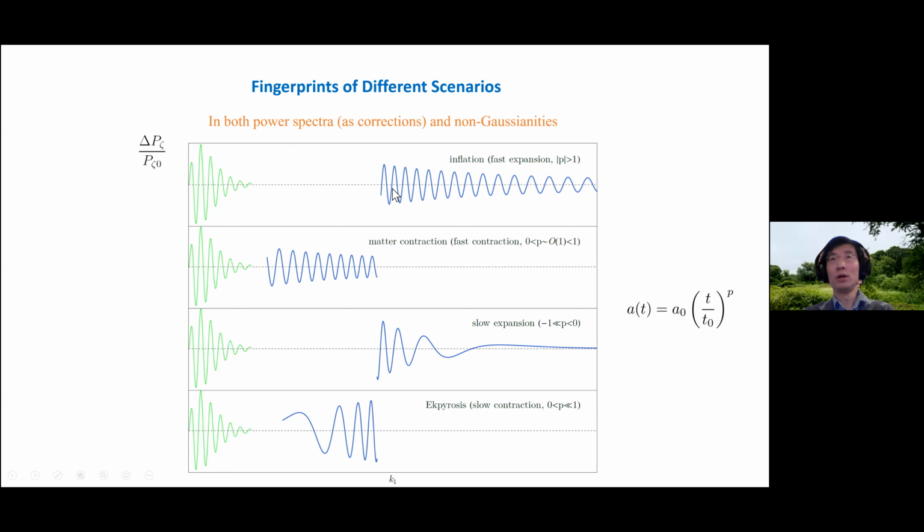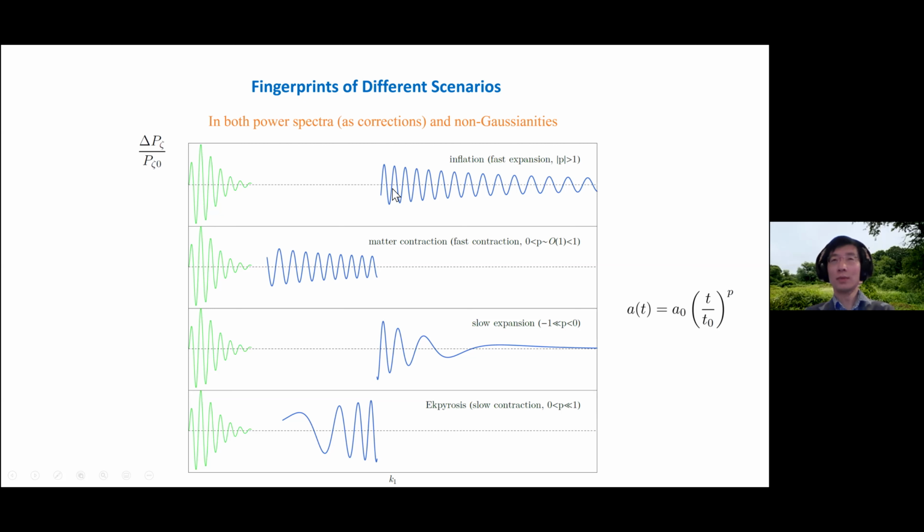We don't know a priori whichever fundamental physics is underlying that. So it's different, and hopefully there are different observational signatures that can be used to distinguish these oscillations from the oscillations induced by standard clocks.